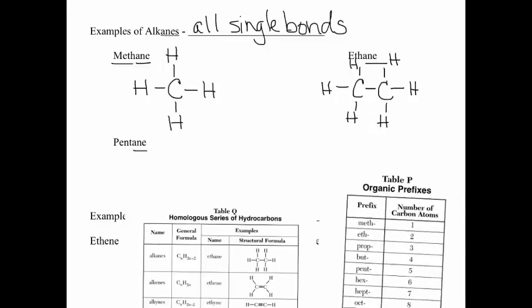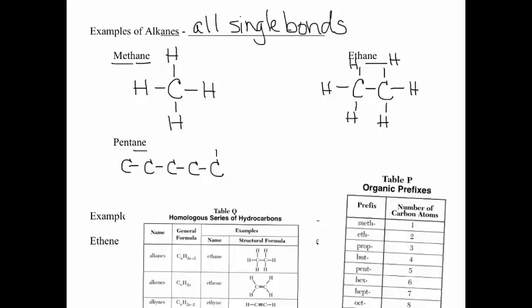So let's try pentane now. Pentane, pent, if we look here, means 5 carbons. 1, 2, 3, 4, 5. It ends in ANE, which indicates that it's an alkane and will have single bonds between each of the carbons. And then each carbon needs to have a total of 4 bonds.